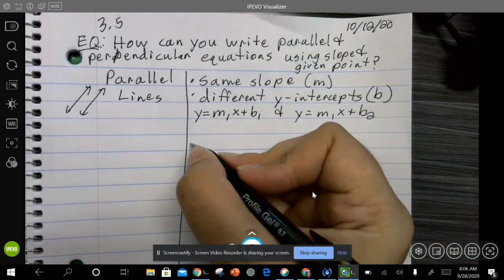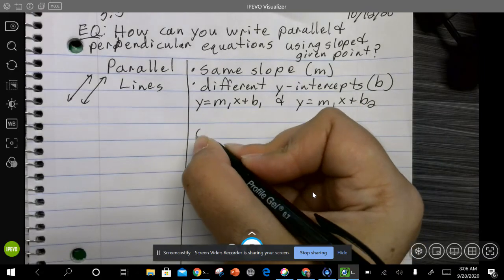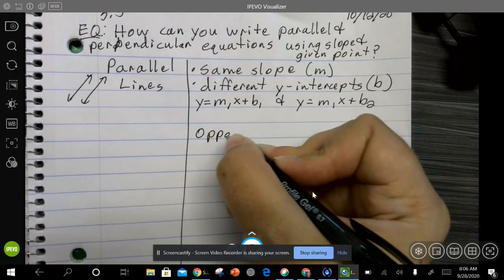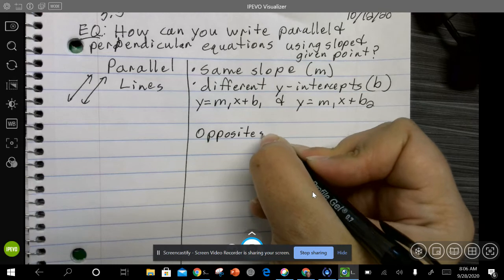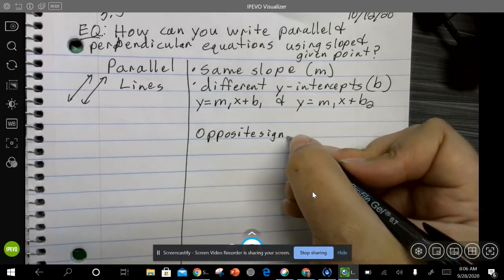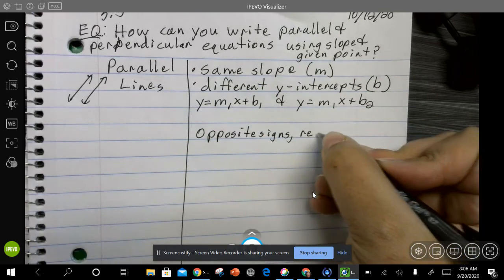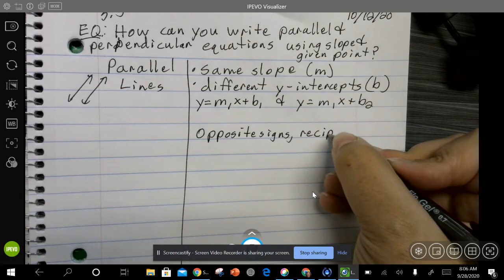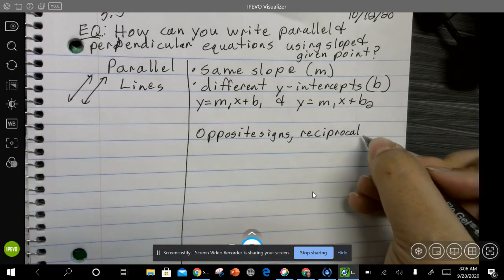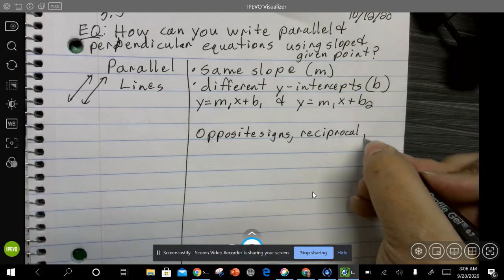For perpendicular lines, they're going to be opposite sign, reciprocal, opposite reciprocal, perpendicular.